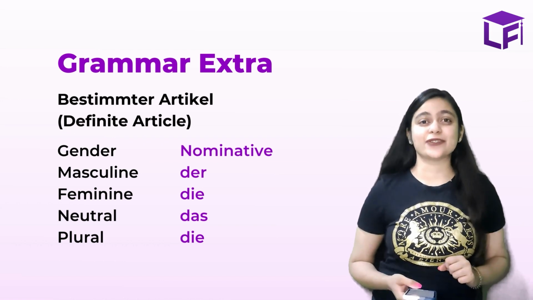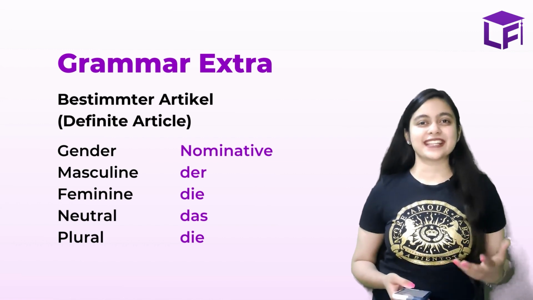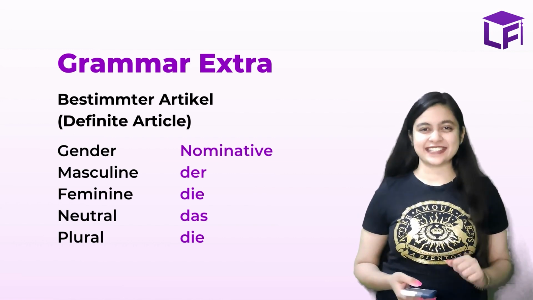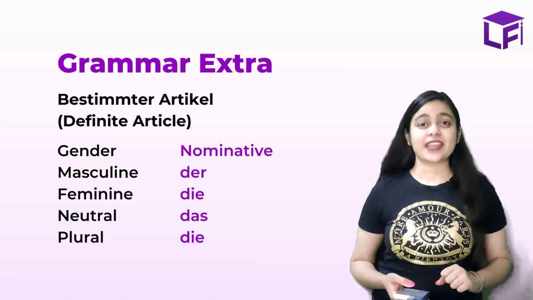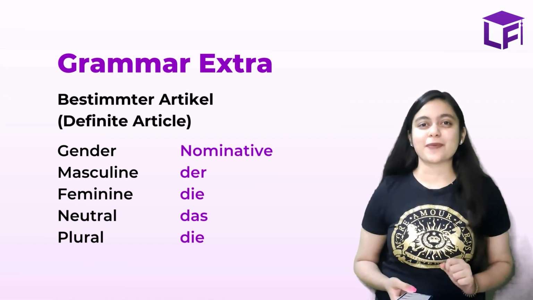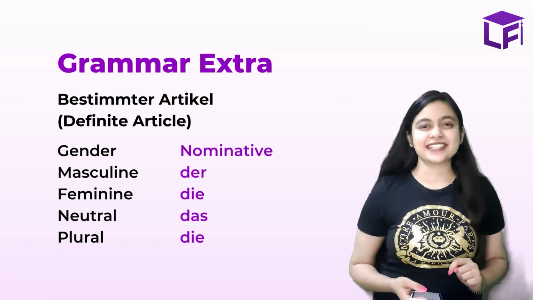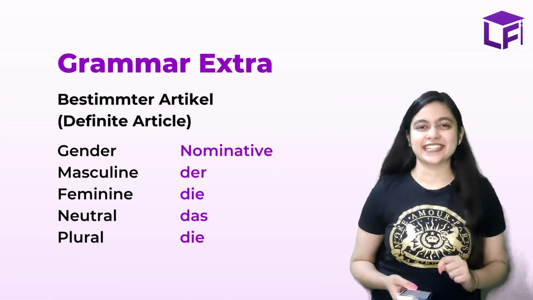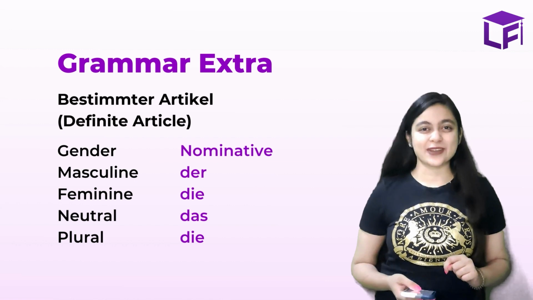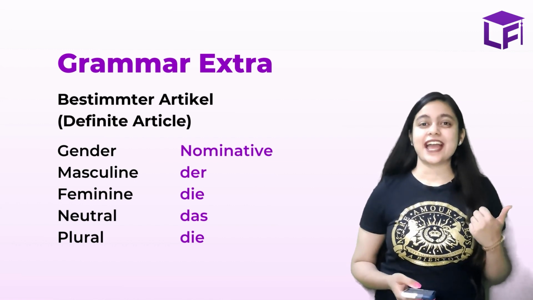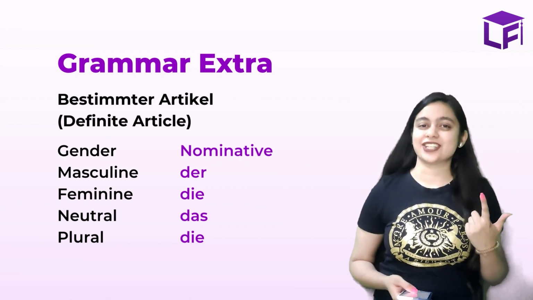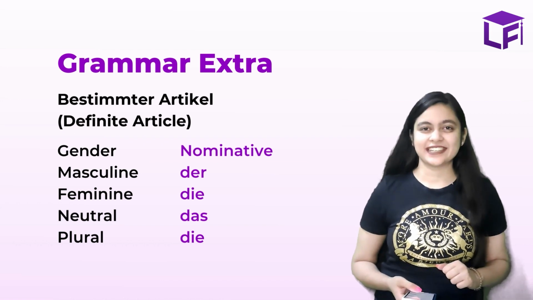And the article for the neutral gender becomes das. Now, you might also ask about the plural. For plural, the article is die. So the feminine article and the plural article are just the same, die.